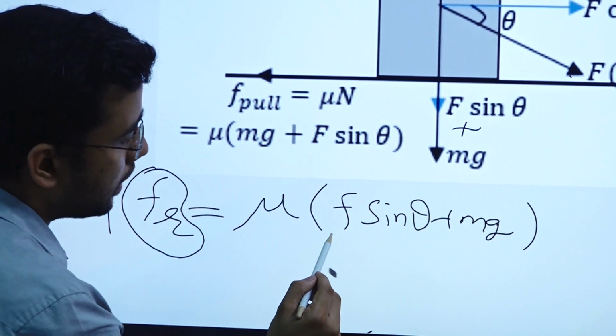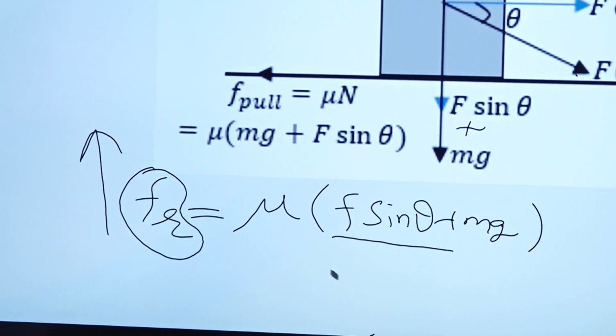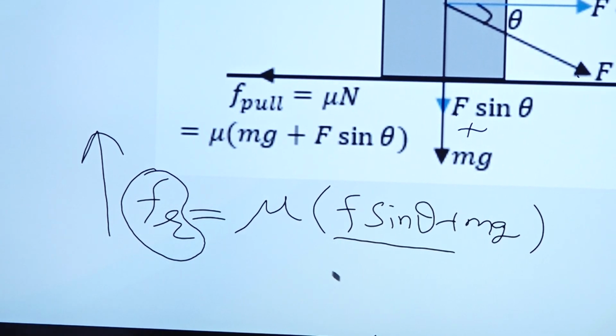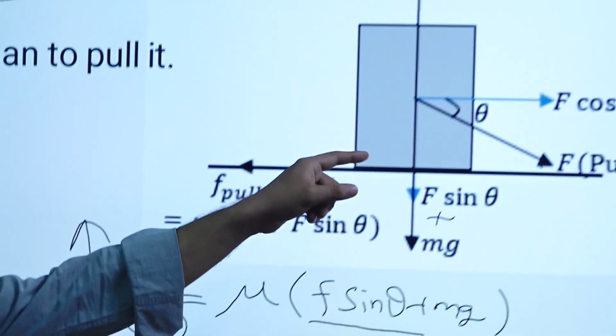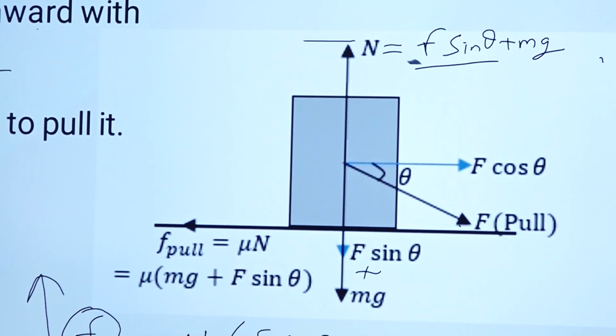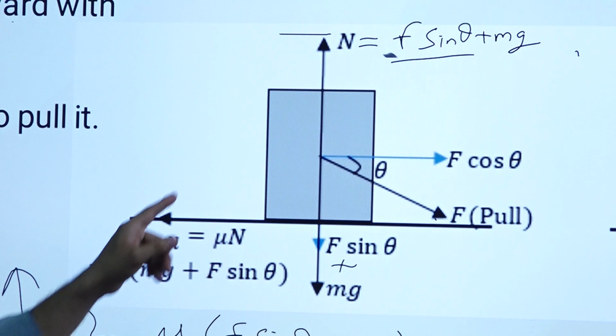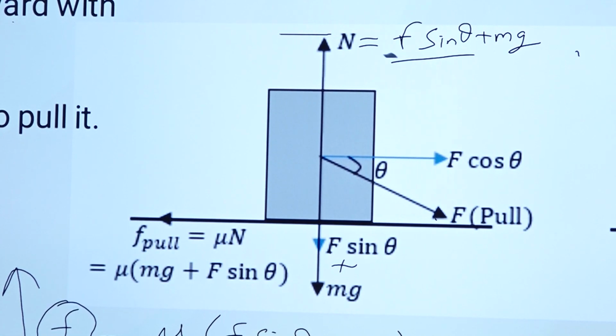Why? Because you are adding one more term, F sin theta. So if friction force increases, you have to apply more effort. Okay, so that is the reason. In this case, pulling will cause more problem, right? Pulling will require more effort to be applied on the block to move it, right?